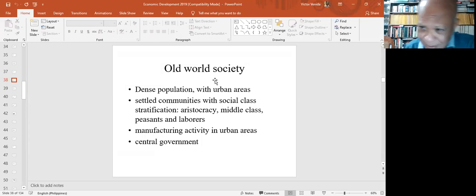In contrast, in North America, New York, Toronto, Boston were very small cities at that time. There wasn't a large population in these places.